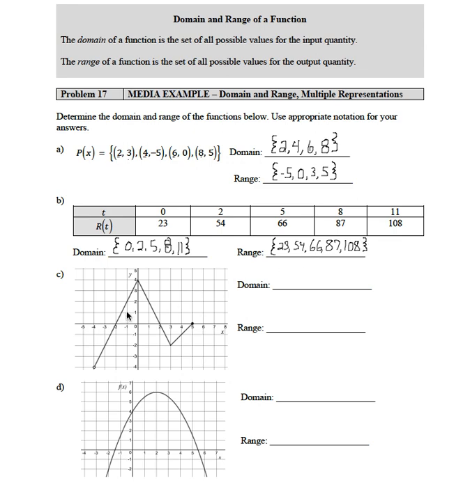Now, in part C, we're given a graph, and we want to identify the domain. This is going to be a little bit more challenging. This graph is a two-dimensional representation of the function, so we want to go to the starting point and map it down to the x-axis.